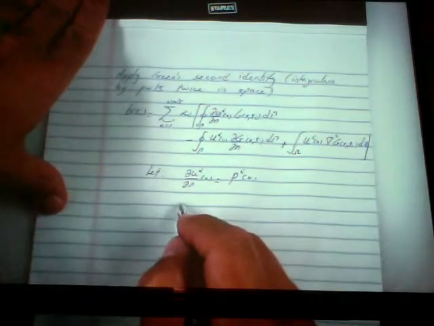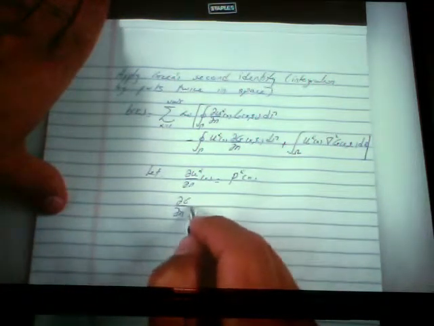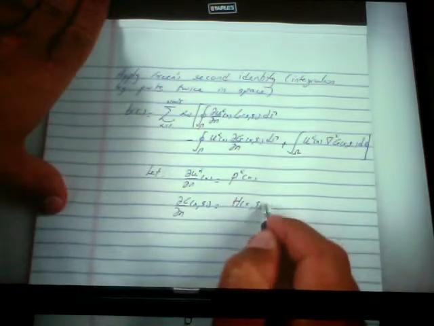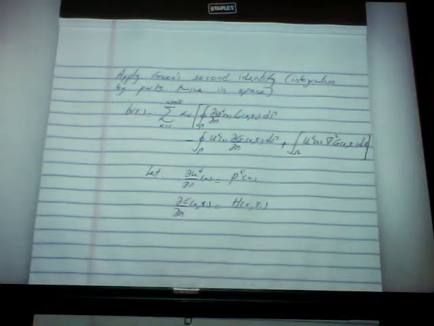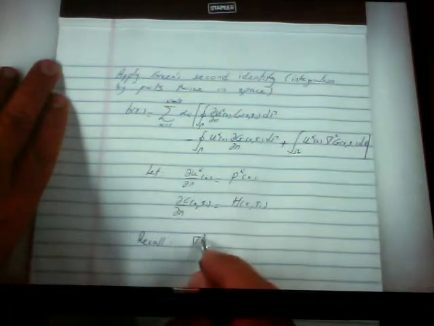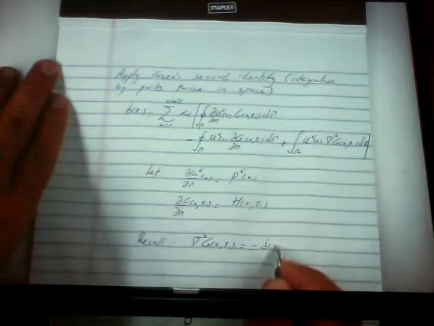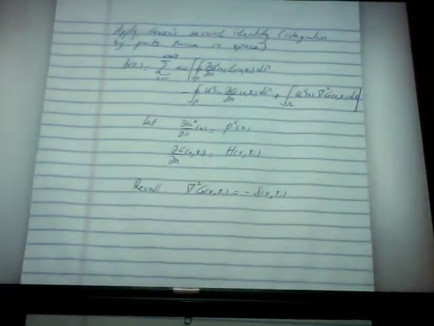Remember we know u and therefore we know p. We're going to let dg dn of x and xi be equal to h, which we've done before. And recall that the Laplace of g of x and xi is equal to minus the Dirac delta function of x and xi. That was by definition. That's how we ended up with the equation in the first place.